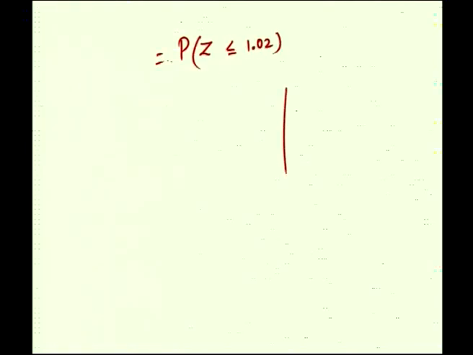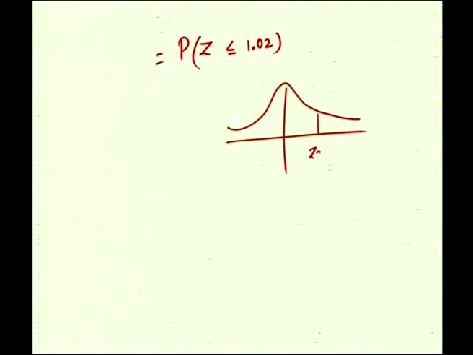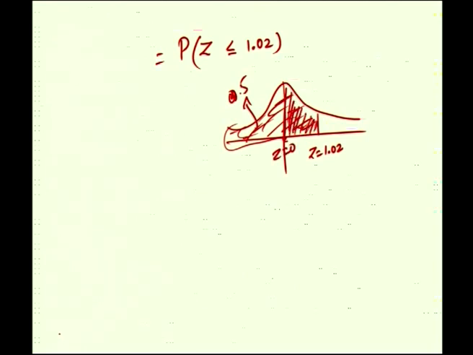Draw the diagram, plot 1.02, and shade it. This area is already 0.5, and the area from Z equal to 0 to 1.02 is taken from the table.